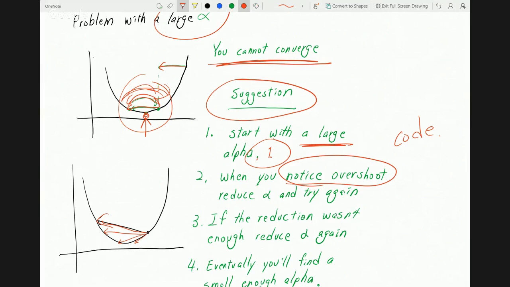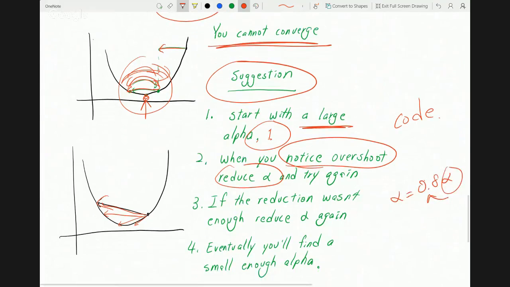And if it looks like it's going back and forth or it's getting worse, all you have to do is reduce alpha. Do something like alpha is equal to 0.8 alpha. So whatever alpha it is, you make it a little bit smaller. And then you just keep reducing it until it is good enough. Just because you reduce it once doesn't mean it was enough. You might have to do this multiple times.